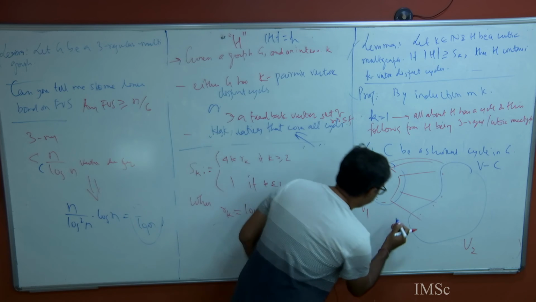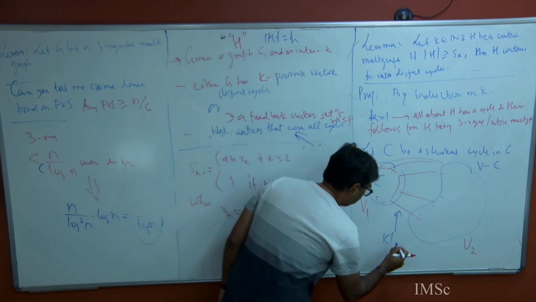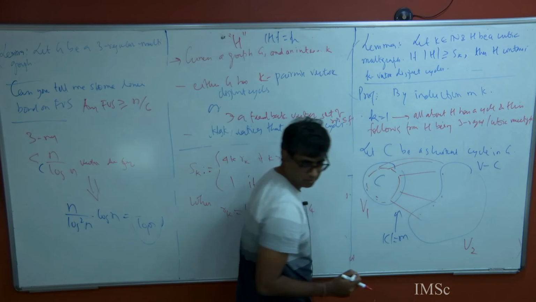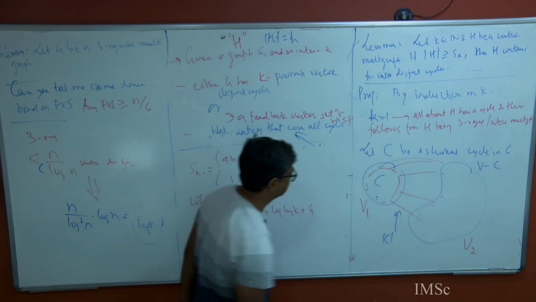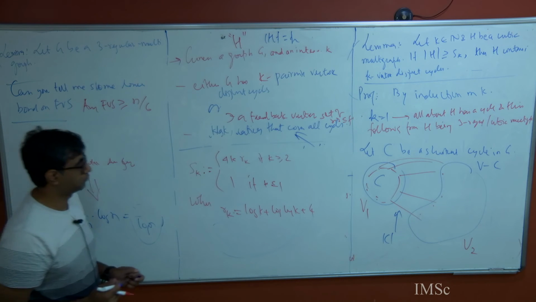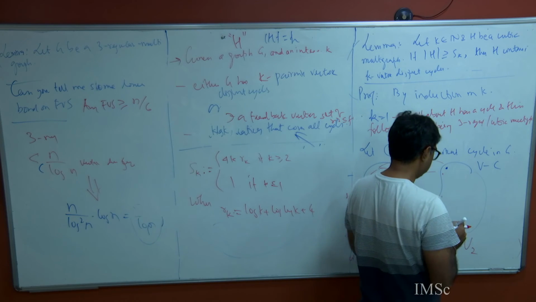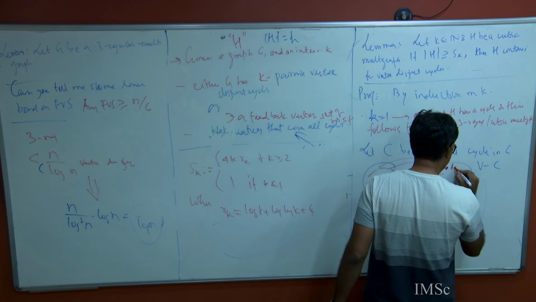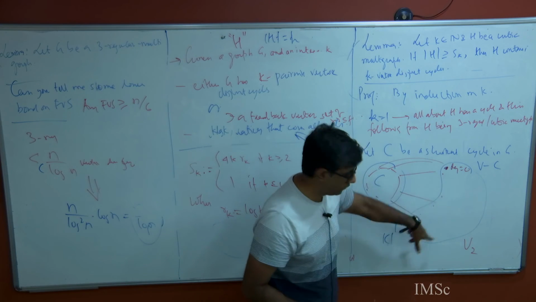So the number of crossing edges is upper bounded by C. Now I want to do some operation. Look at a vertex here whose degree is 0 in the graph induced on V2.